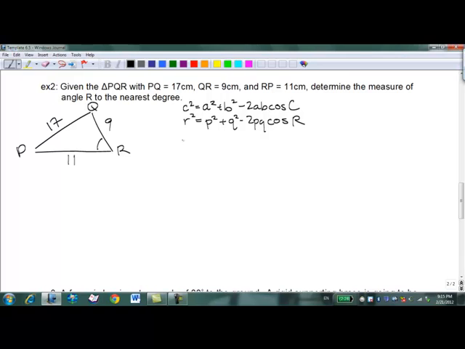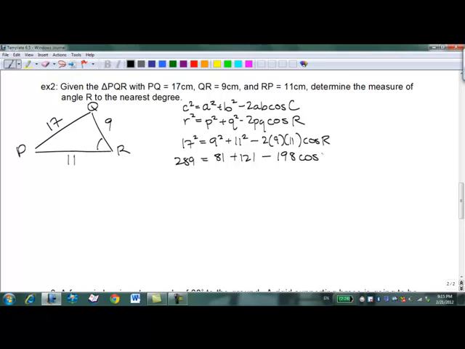So side R is 17. P is 9, Q is 11, and cos of R. 17 squared is 289, 81, 121. 2 times 9 times 11 is 198.